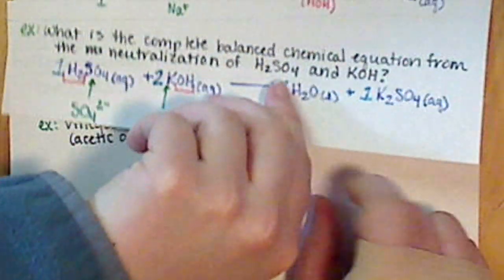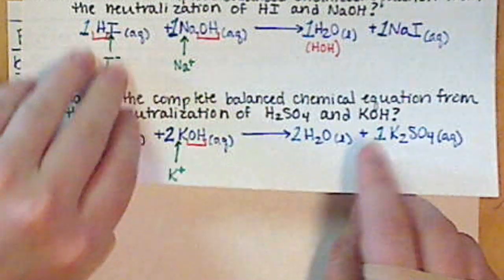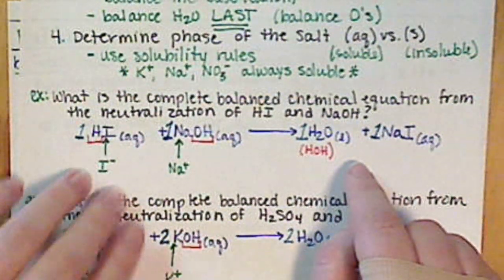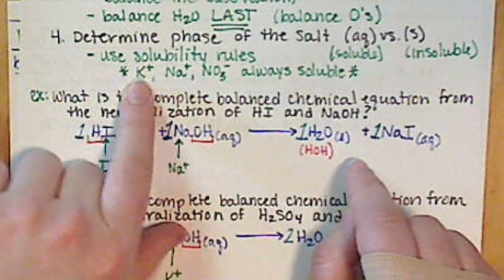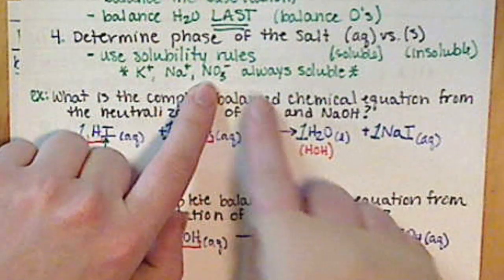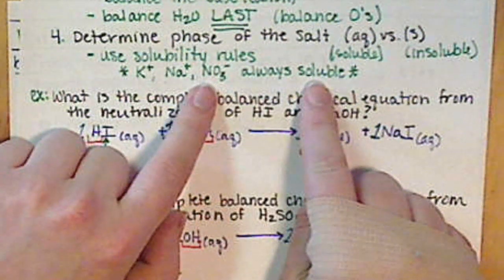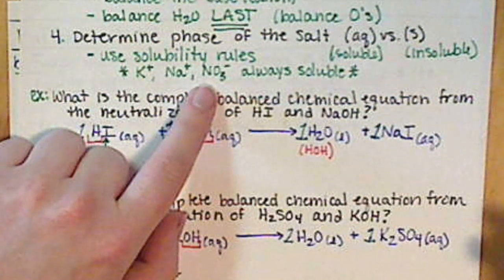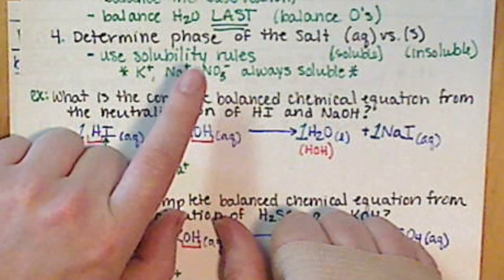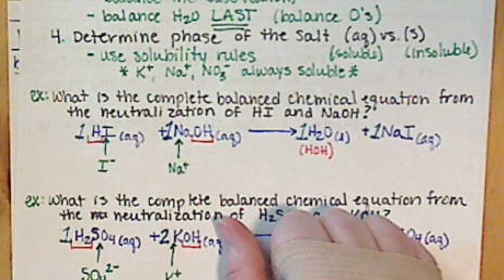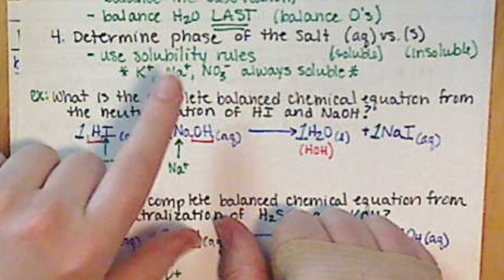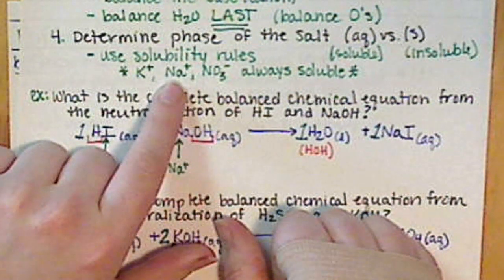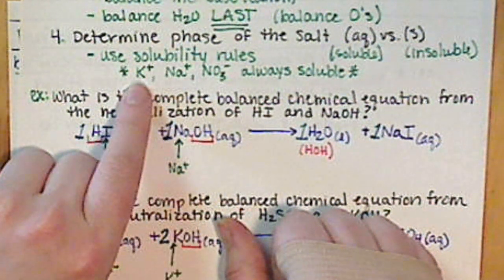Looking back to our solubility rules, well, my note of reminding you is that we have potassium ion, sodium ion, and the nitrate ion are always soluble. Okay, so when we're preparing buffers, in order to get our conjugate base, we're usually going to take the salt of that conjugate base paired with either the sodium ion or the potassium ion.